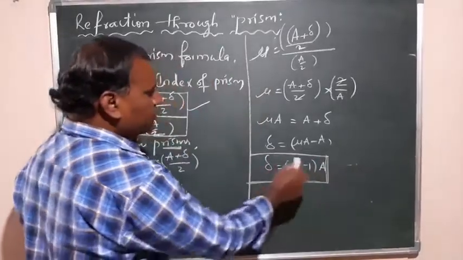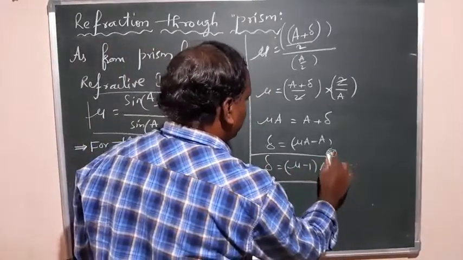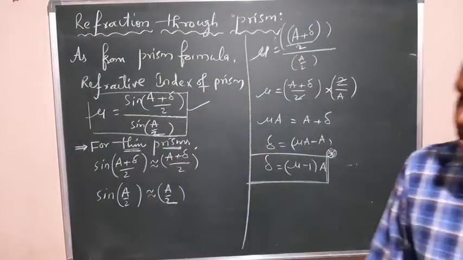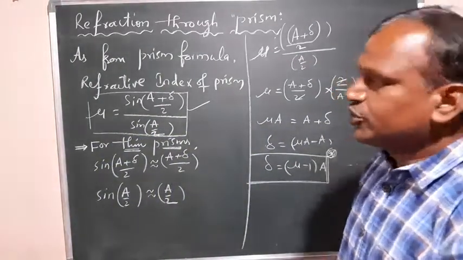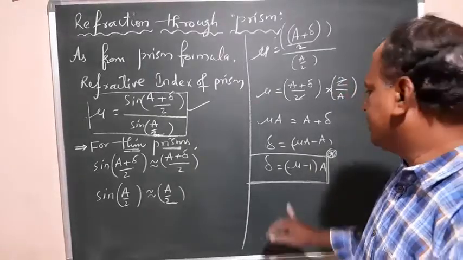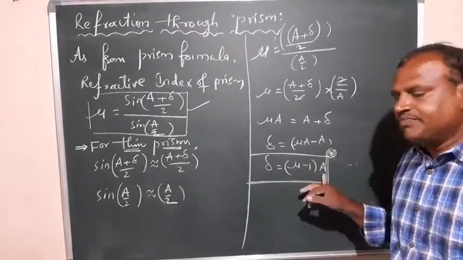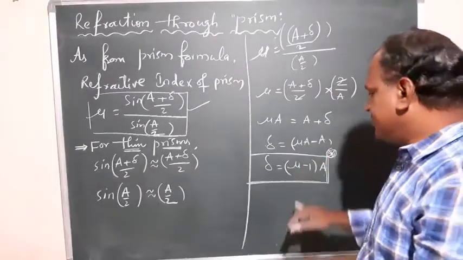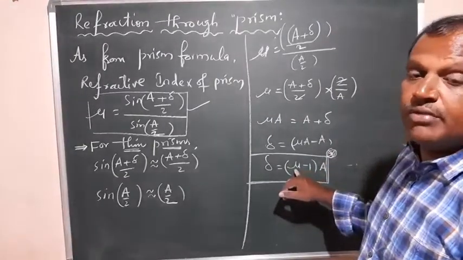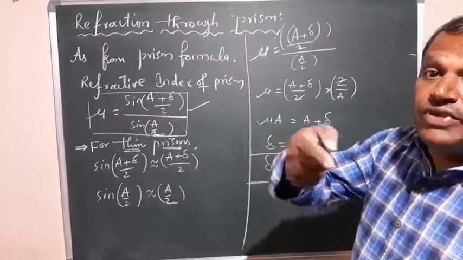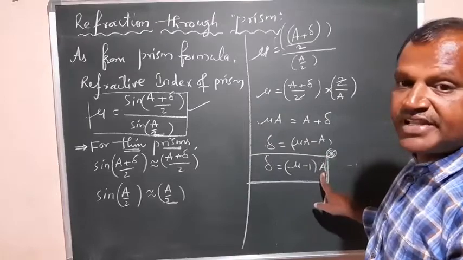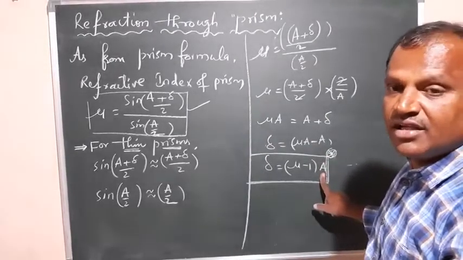This is a very important equation. For any thin prism, the deviation depends upon the angle of prism and also the refractive index of the prism. This refractive index is modified by changing the wavelength. For a given prism, there is no change in A; the angle of prism doesn't alter.